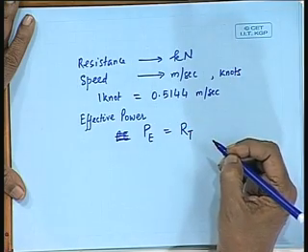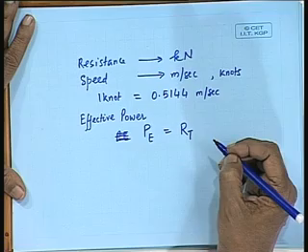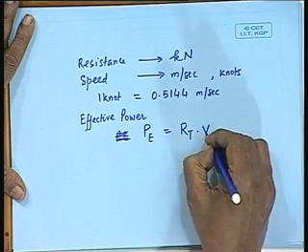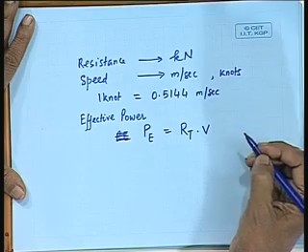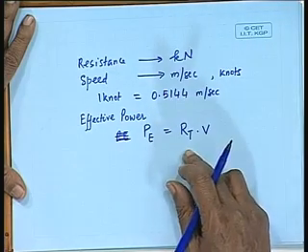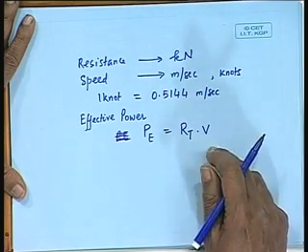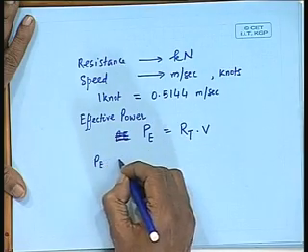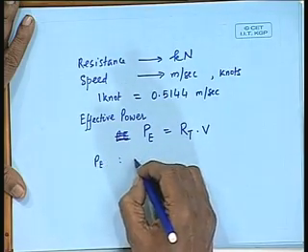If I represent total resistance as RT, into ship speed in meters per second, where RT will be in kilonewtons, speed will be in meters per second, and PE will be in kilowatts.